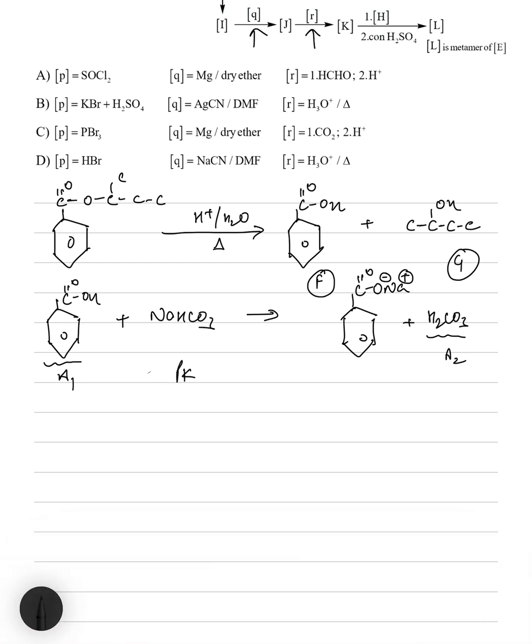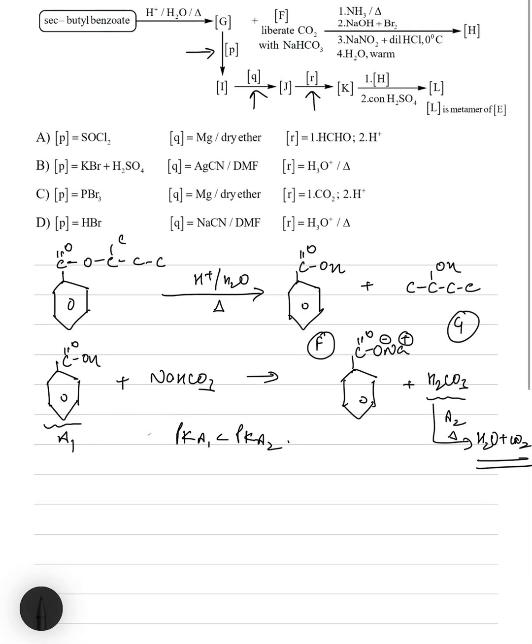Here pK of A1 is less than pK of A2. That means H2CO3 is a weaker acid, and whenever H2CO3 is formed as a weaker acid, it easily dissociates to form H2O and CO2 gas. It liberates CO2 gas, right? So this is a little bit of an idea about the product H.